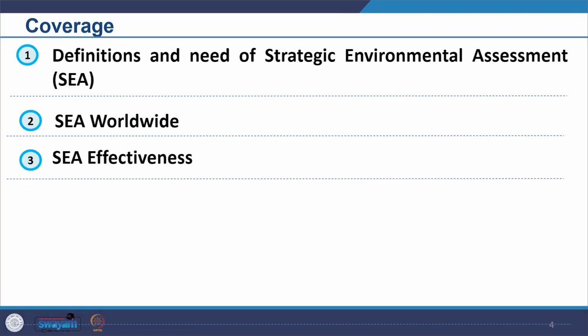Today we'll learn about this, and our coverage will include definitions and need of strategic environmental assessment. Then we'll look at what is happening worldwide and how effective it is, and then we'll walk through one example to understand what a strategic environmental assessment report looks like.